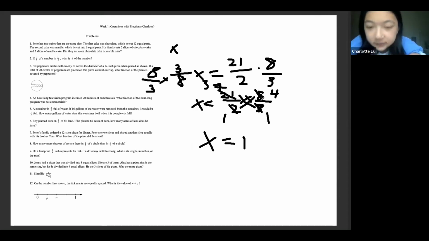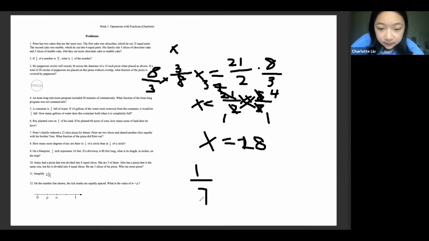So it would be 7 here. 21 divided by 3 would be 7. So you'll get 7 times 4, which equals 28. So now we'll have to find 1/7 of 28. 1/7 times 28 would be equal to 4. So that would be the answer.